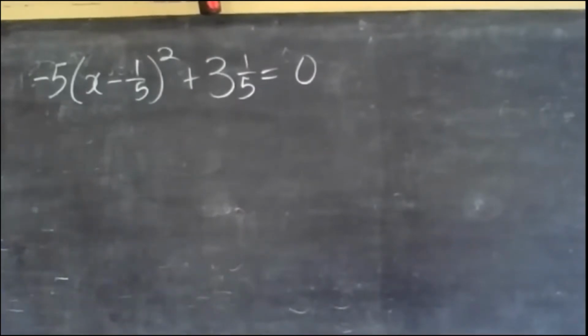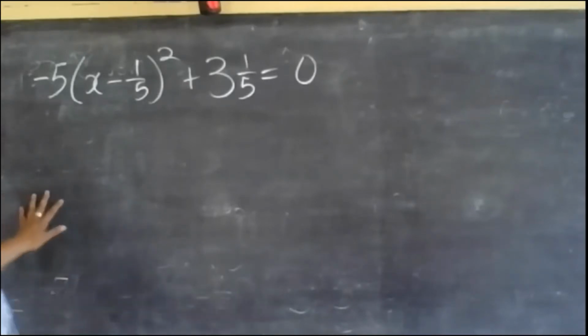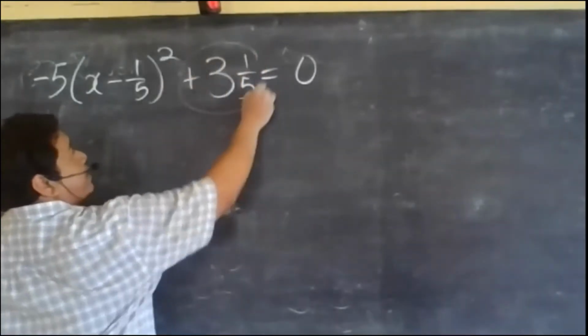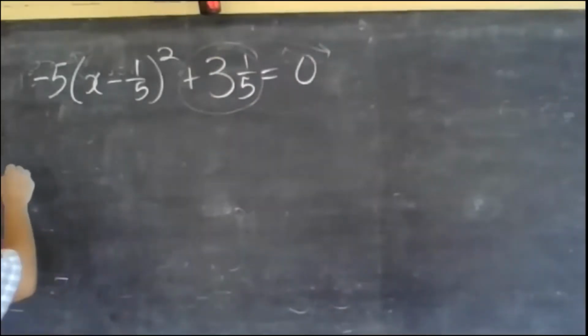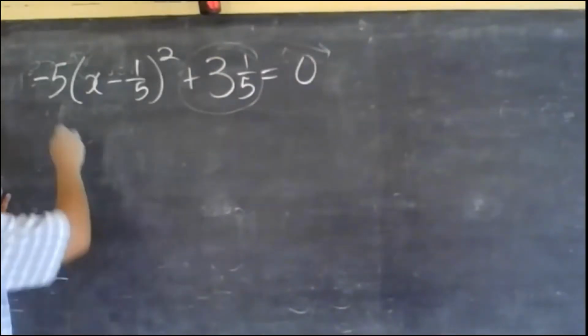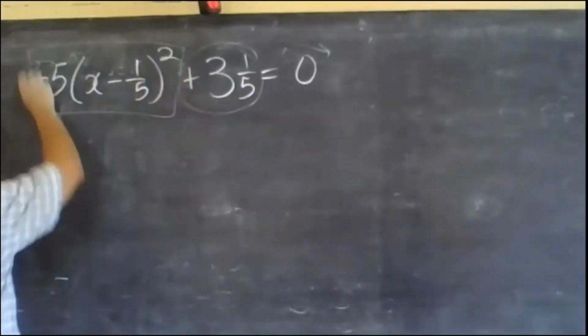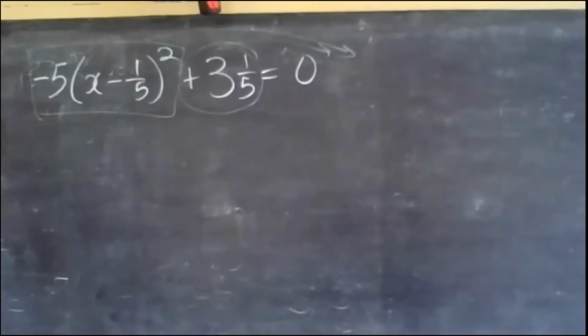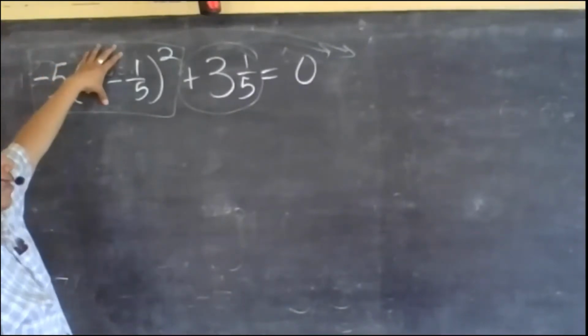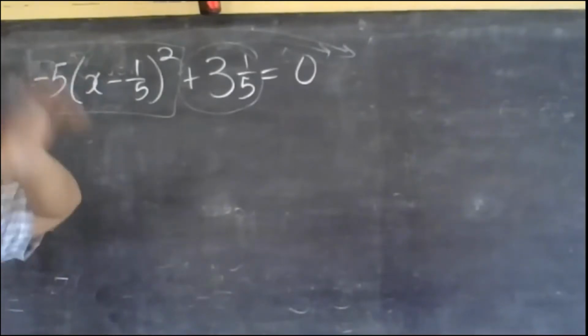All right? So we'll transpose. The first thing we're going to do is move all of this to that side. Or I can move this whole thing to that side. Either way, it doesn't matter. I'm going to move this one so that this negative becomes a positive.